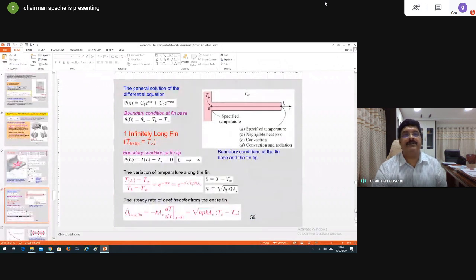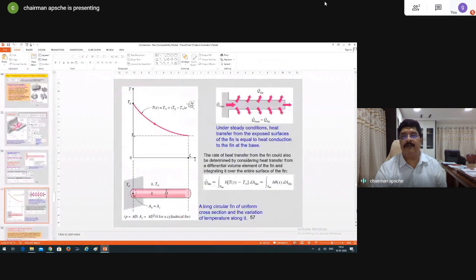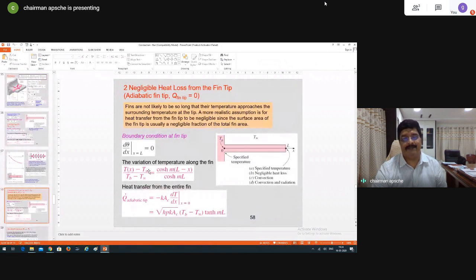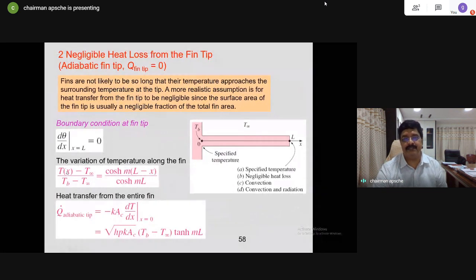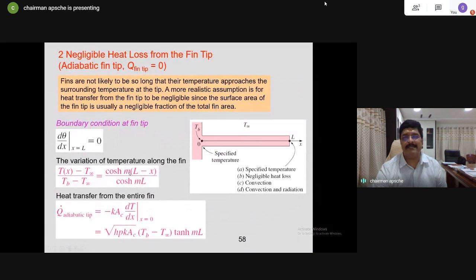Tip insulated temperature, this is for a very long, infinitely long fin. Yeah, here it is. The temperature distribution equation for a tip insulated condition is T minus T infinity divided by Tb minus T infinity is equal to cosh m(L minus x) divided by cosh mL. Now, where is he asking the temperature? At the tip. Please remember, this is the temperature distribution equation for a tip insulated condition. So this is theta naught, whatever you say, Tb minus T infinity. Where are you measuring the temperature?